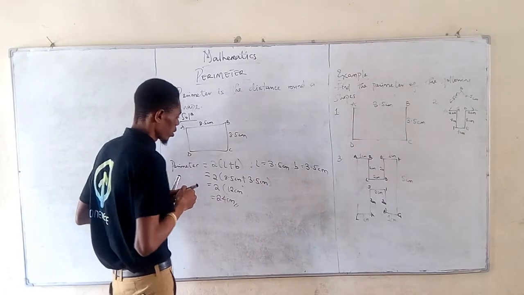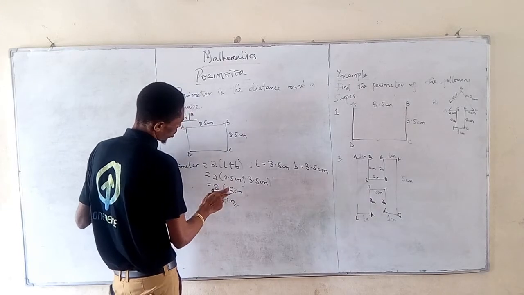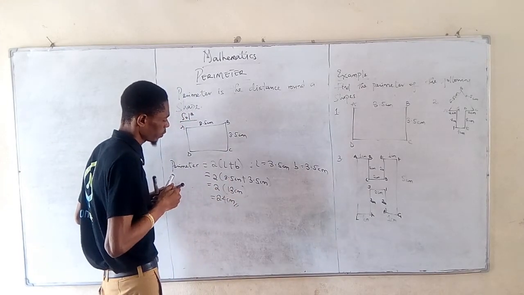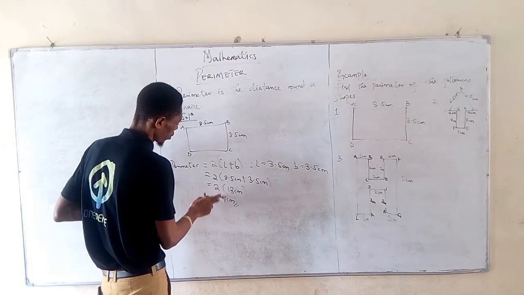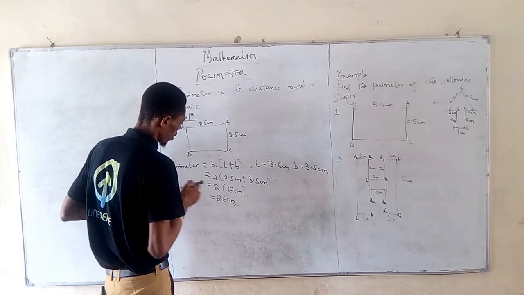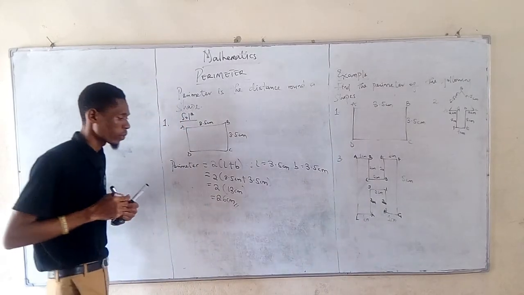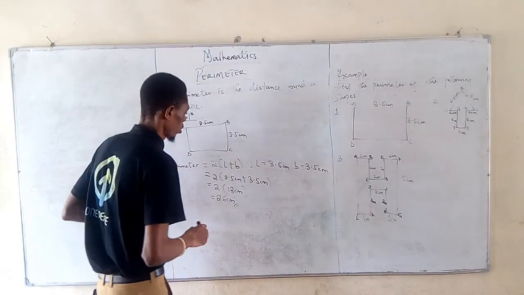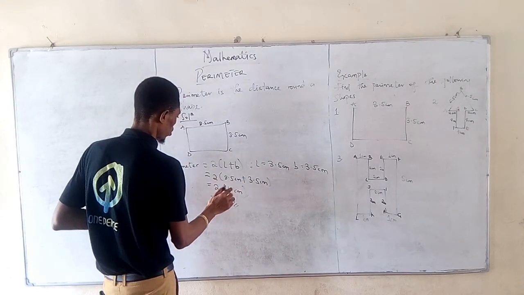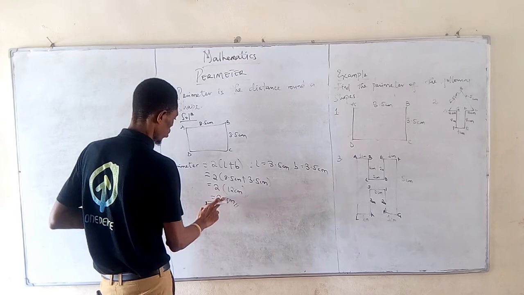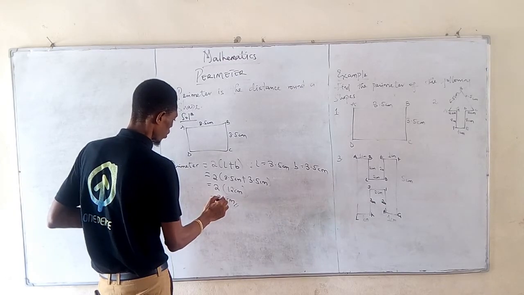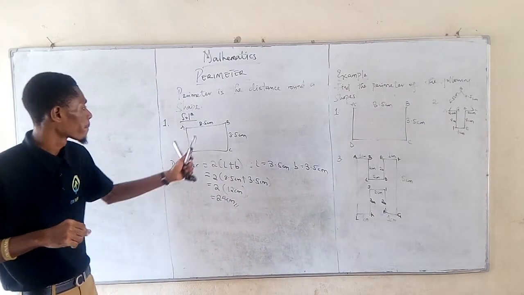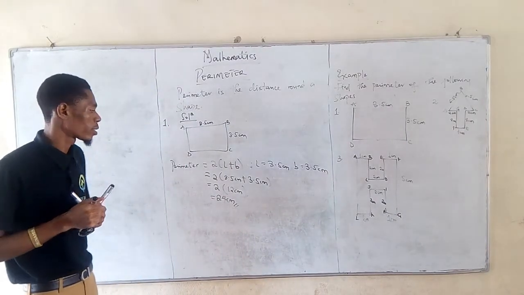Sorry, 8.5 plus 3.5 should give us 12 cm, and 2 times 12 should give us 24 cm. Sorry for that.